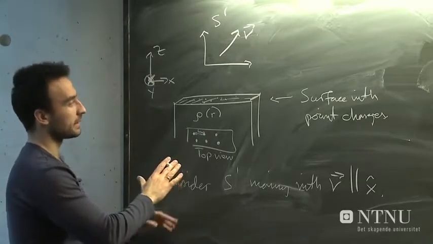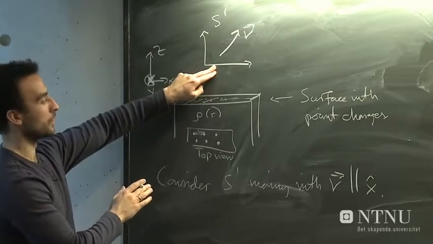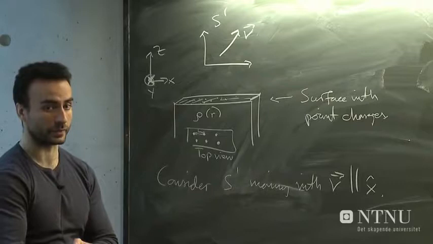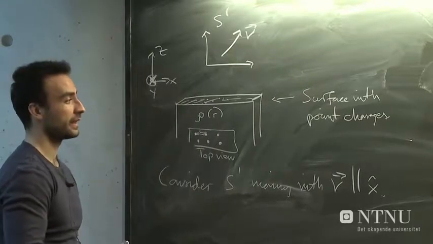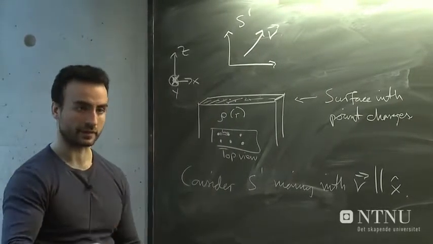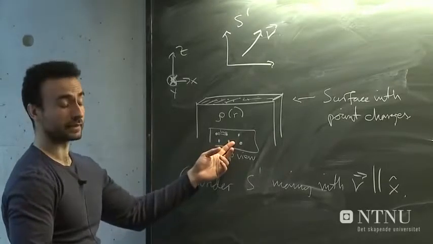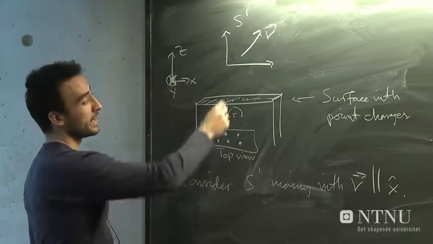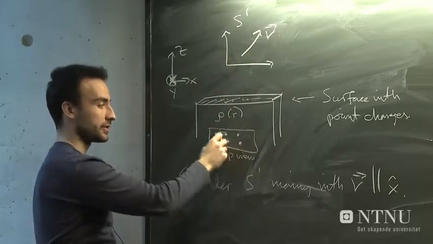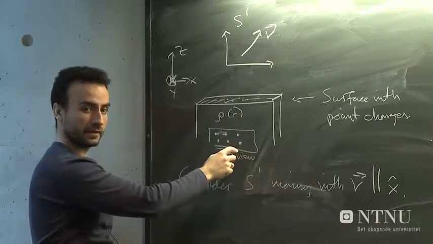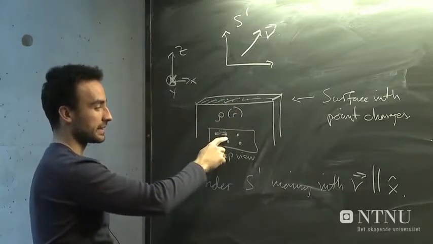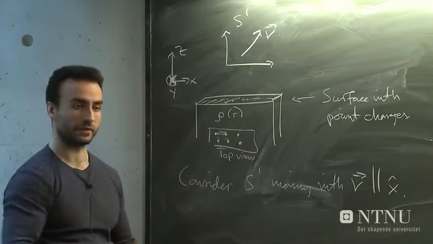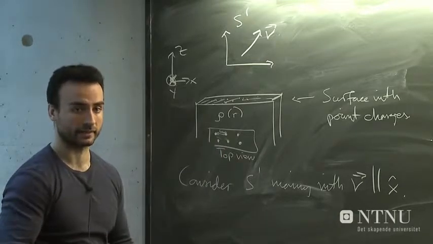Well, the point is that if this guy is moving with respect to the system here, with a velocity that is comparable to the speed of light, or at least if we take into account the first order relativistic correction, we get the phenomenon of length contraction. So he actually observes a different charge distribution than what we have here, because the distance between the charges isn't the same anymore due to length contraction.